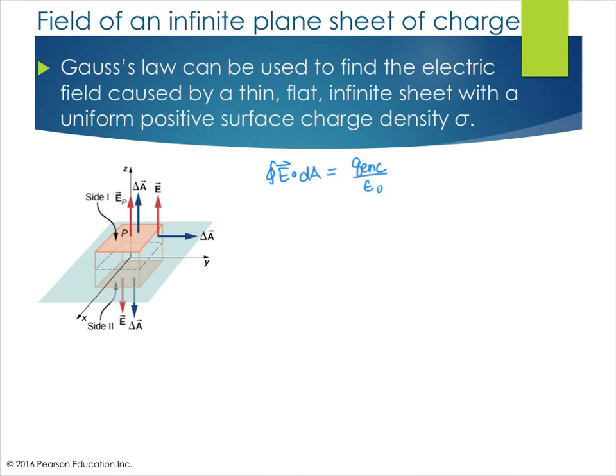For our cube, we'll do E dot dA, and from this picture we have side 1 and side 2. Those are the two sides that we would do. And then the other ones would be the E dot dA, which would be all four sides that are perpendicular to the sheet.